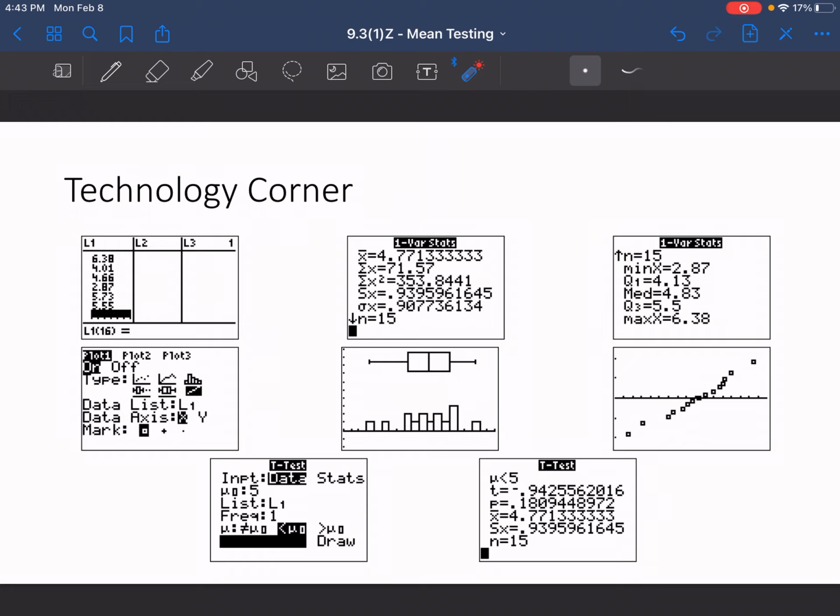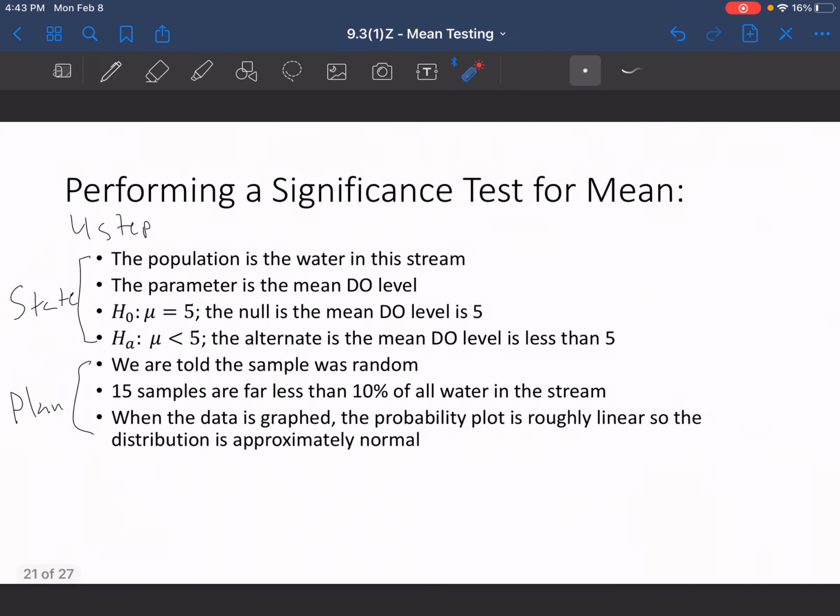So all we need to do is select the data, input our null mean of 5, input L1 for list, and then make sure that we're checking against an alternate hypothesis that's less than the null hypothesis. We would then calculate, and that would spit out our t-value of negative 0.943 and a p-value of 0.181.